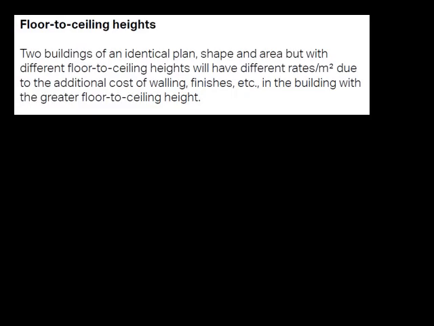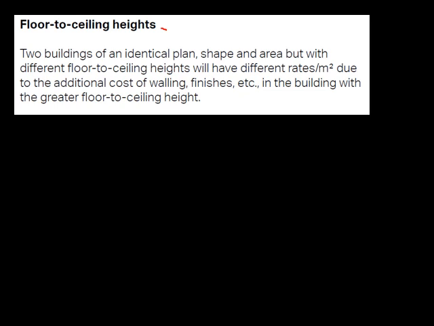Then the other thing: I'm just going to highlight a few things that you can also look at. Your floor to ceiling height also has an influence, or your square meter rate might not always be relevant to a new building, because some buildings may have a double volume type of installation. Your floor to ceiling height might be lower or higher, which will influence the cost.